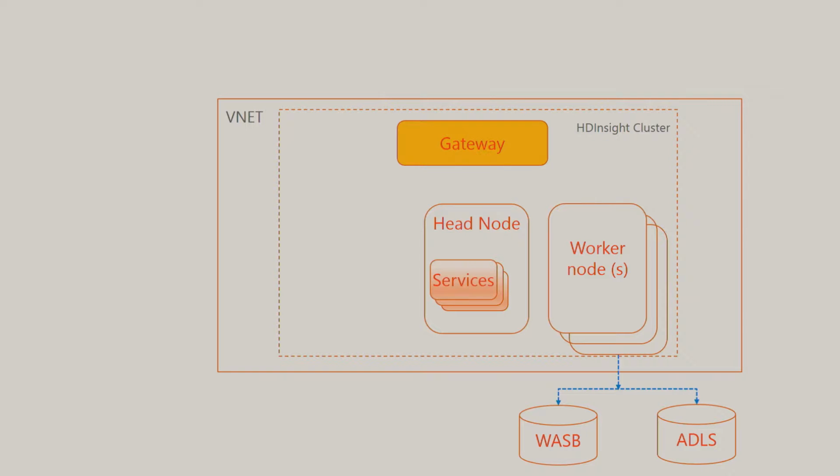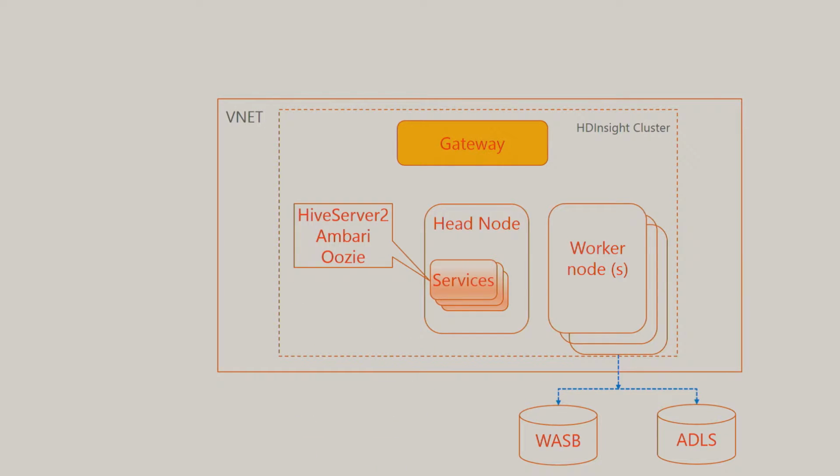The inner dotted rectangle is an HD Insight cluster, and it's made of 3 different components. The first one is the gateway service, or the gateway node, which acts as the first line of defense whenever a request comes into the cluster. So if a request comes into the cluster, the gateway is the one who accepts it, validates it, and if everything is okay, then it will allow the request to move forward to the head nodes or the worker nodes.